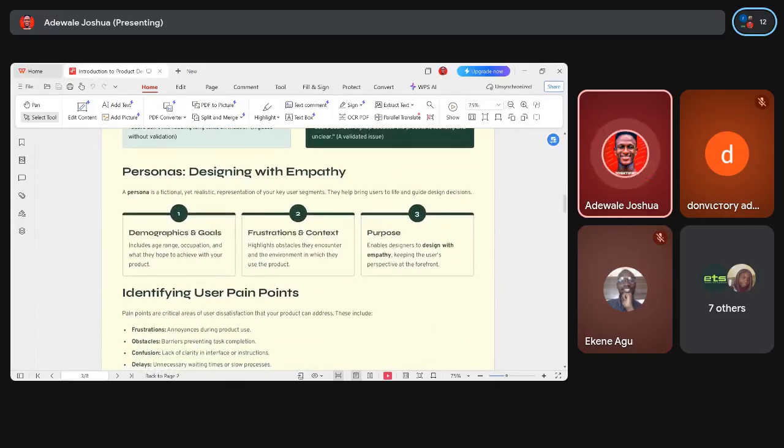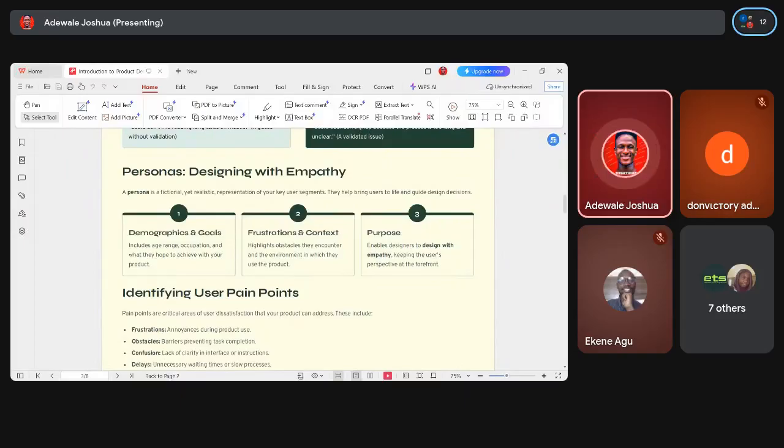So we have something we call personas, designing with empathy. A persona is a fictional yet realistic representation of your key user segment. They help bring users to life and guide design decisions. Some of it is demographics and goals. That is the age range.